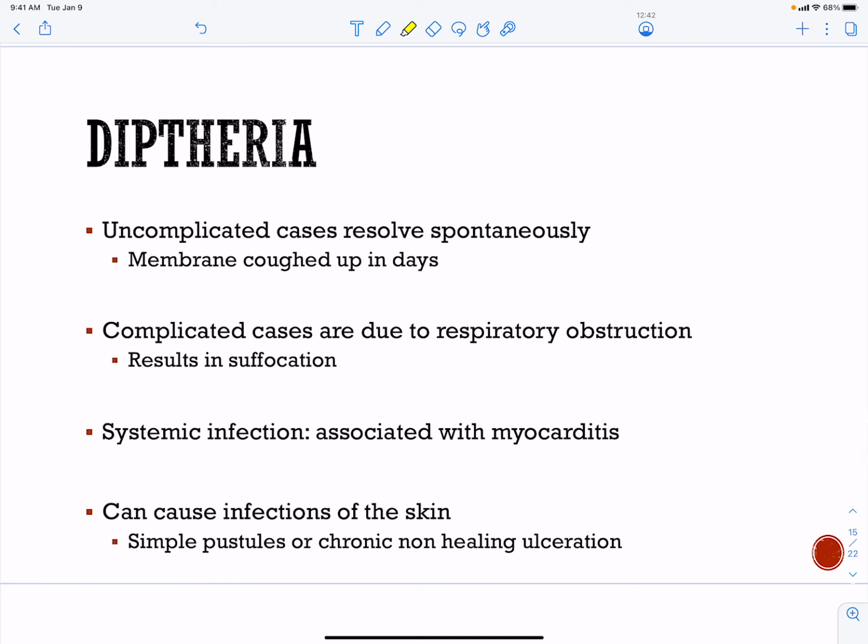Most are going to resolve spontaneously. Again, if you have the vaccine, it's going to help you have minimal symptoms. Complicated cases can result in suffocation due to obstruction of the trachea. And then you also can have systemic infections, although very rare. Diphtheria is not one that actively disseminates, but it can cause a myocarditis.